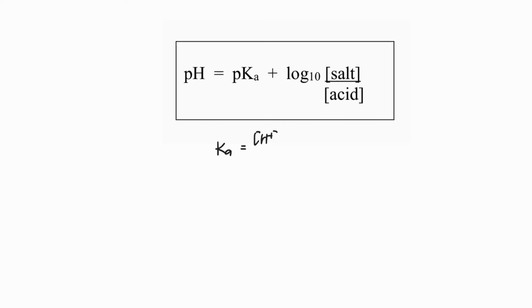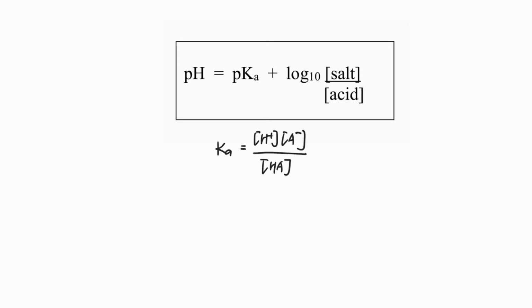So this is the Ka of the weak acid. In order to get the pH of the buffer, we need to get the concentration of H+. From there, we could take the negative log of the concentration of H+ to get the pH value.